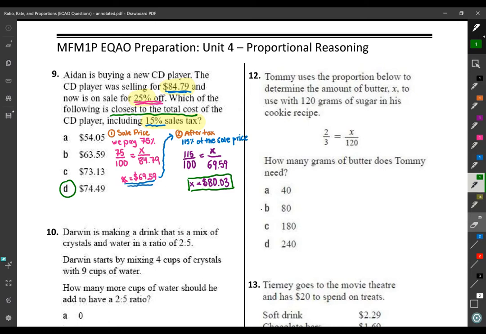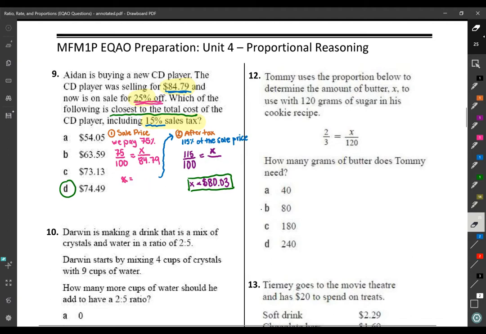Oh, I see what I did. I made a mistake because I was like, that's pretty far off. I made a mistake down here in this calculation. So hopefully if you guys were doing the math alongside of me, you would have noticed that. But 75% of 84.79 is not 69.59. Oopsie.